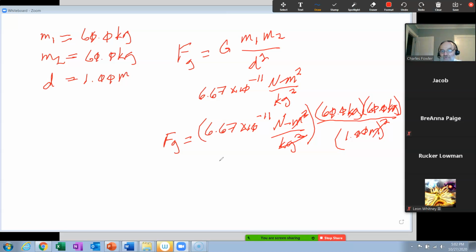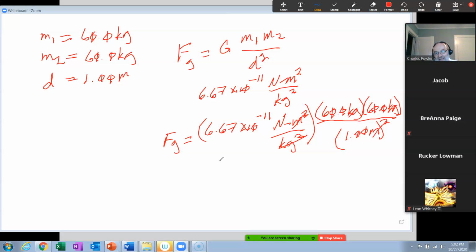Then we do minus 11. On my phone, I can't do the minus first. I do the 11 first, and then change the sign to make it a minus. You see that plus minus key right there. That's what I'm going to press, and that makes it a minus 11. So I've got 6.67 EE minus 11.